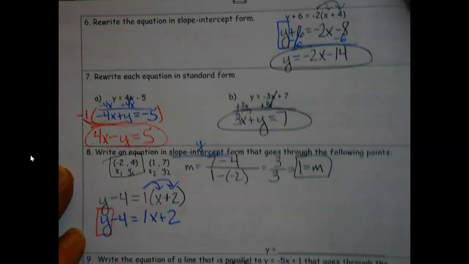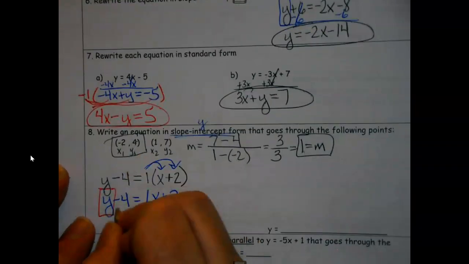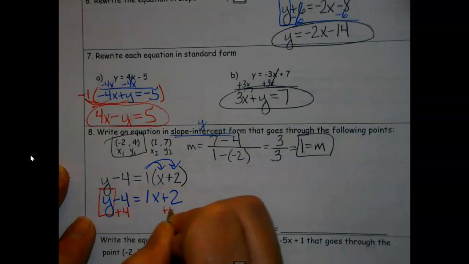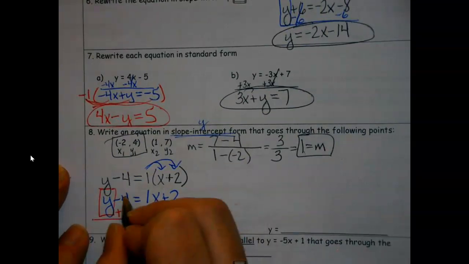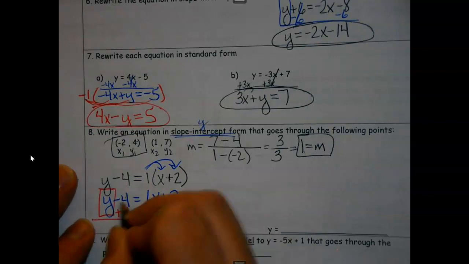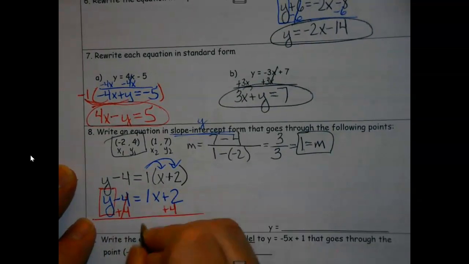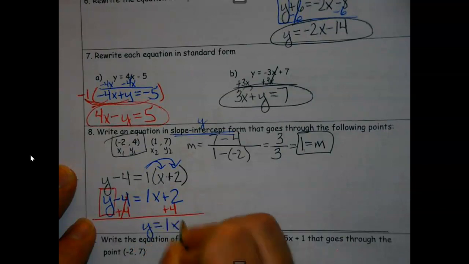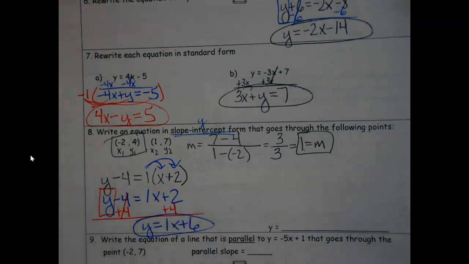And we're going to do our one step to get y by itself. And when you add the 4, again, plain number to plain number. I don't want to add it to x. That wouldn't be a like term. And as I say on every quiz, show me as many steps as you can. Even if you get here and you're like, okay, I remember to do the slope and then I forget the rest. Do the slope. Get the point for that. But I think with the notes and examples, I think you're going to have enough for all of it.